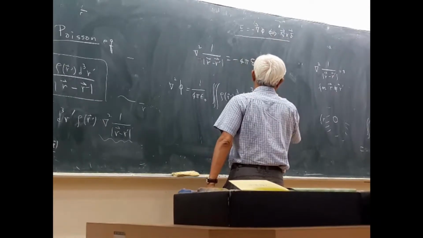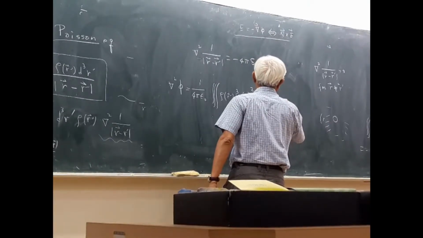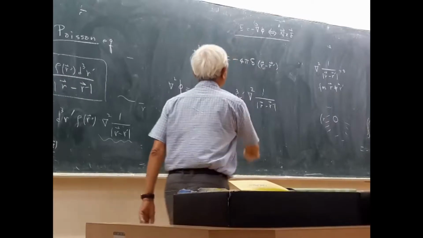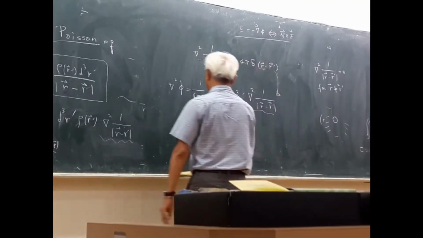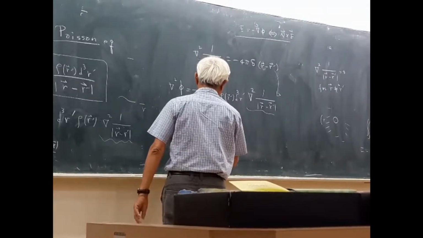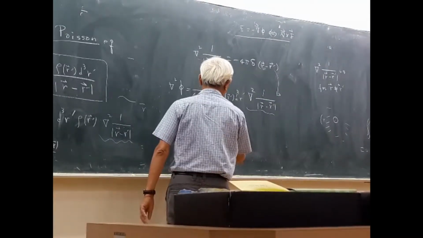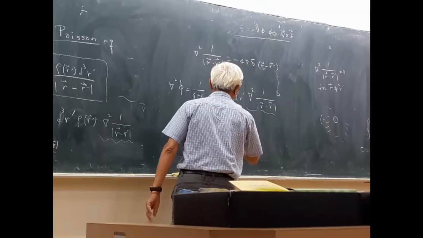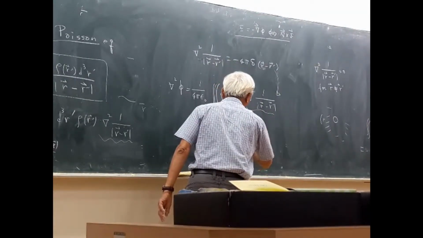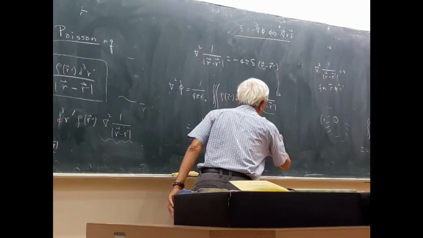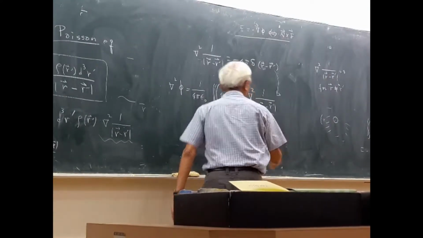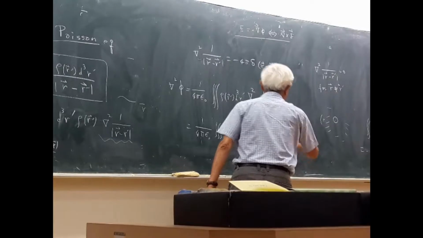Laplace of 1 over |r minus r prime|. Now you can insert this: minus rho(r prime) over 4 pi epsilon naught, times minus 4 pi delta(r minus r prime), and the integration.